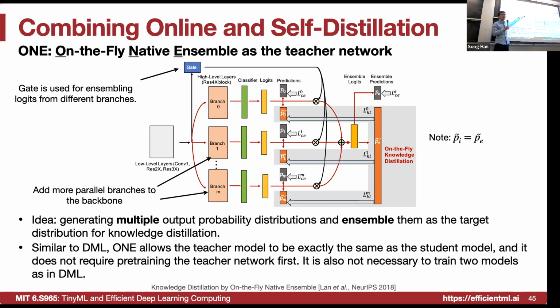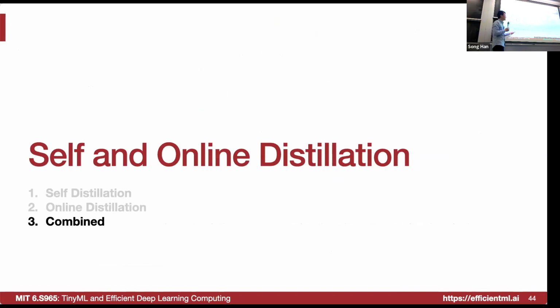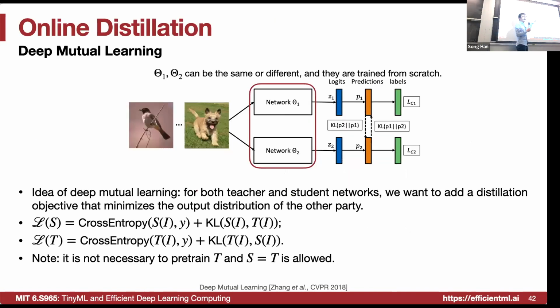This is basically learning from myself on the fly. It's also not necessary to train two models as in deep mutual learning. We're just learning one single model, whereas in deep mutual learning, even if we want to obtain just one model, we have to train two models in parallel.